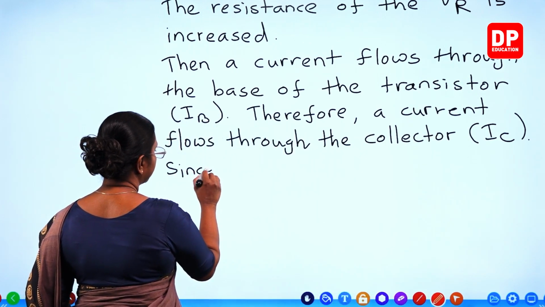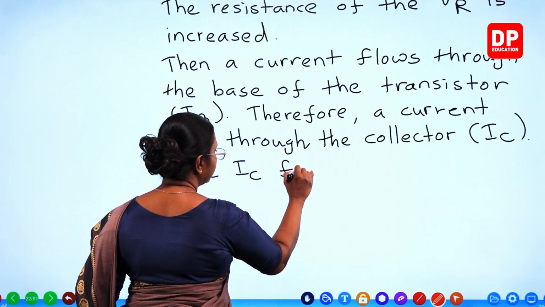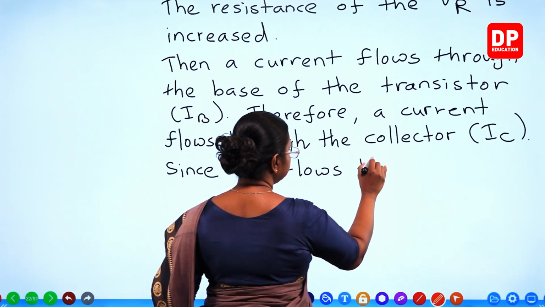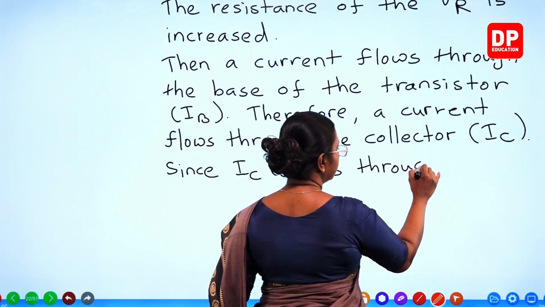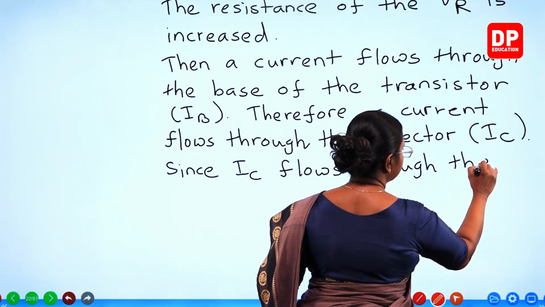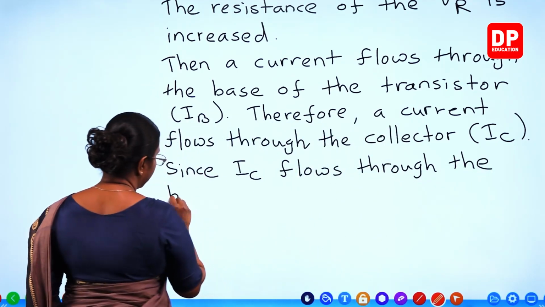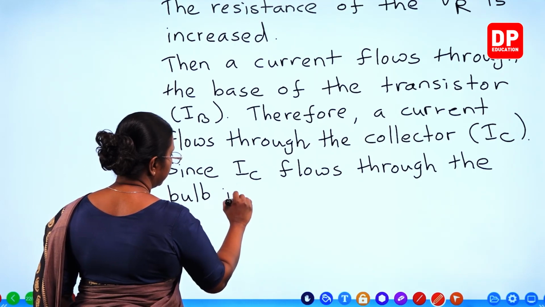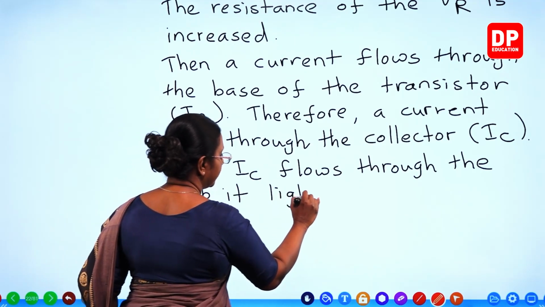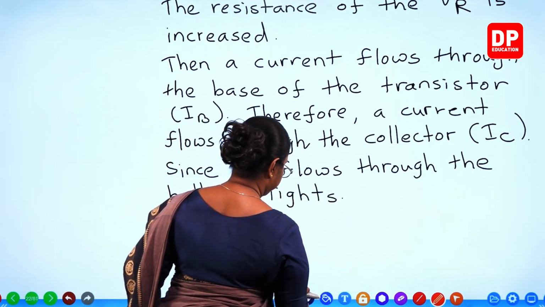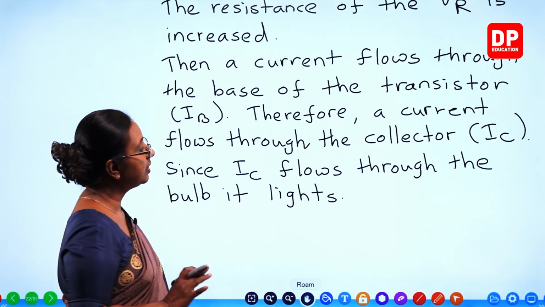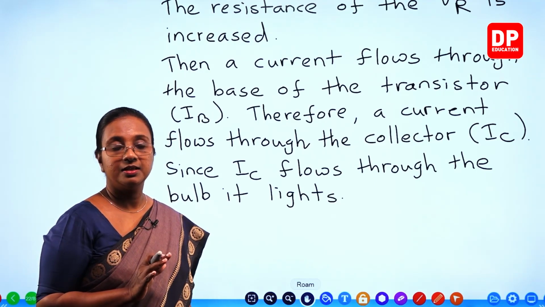Since IC flows through the bulb, it lights. So that is what you need to understand.